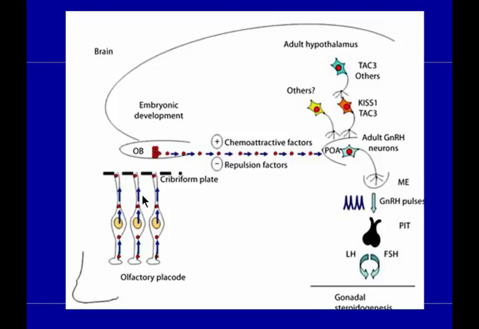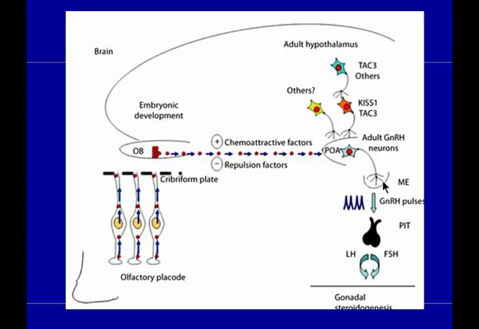The other thing that's interesting about GnRH is that it travels quite an interesting course. Embryologically, it's formed in the olfactory placode, which is the same place that cells generating smell are formed, and it migrates through to the hypothalamus, requiring a whole series of genes that are both chemoattractive and repulsive factors, eventually landing in the hypothalamus, where it connects neurally to a number of pathways.